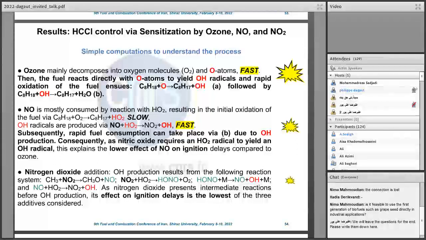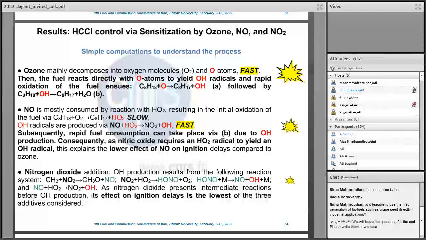in the engine. And finally, nitrogen dioxide is less efficient because it first reacts with methyl radical to produce NO, and NO can react with HO2 to produce OH here, but NO2 also reacts with HO2 to produce HONO, which is not immediately decomposed, and when it decomposes, it produces OH radical.